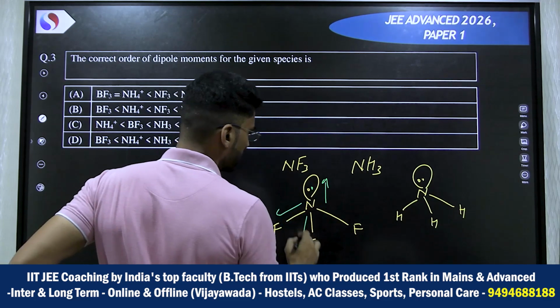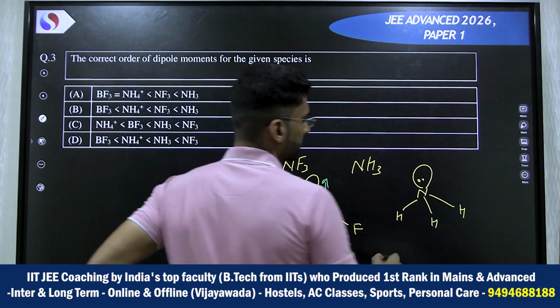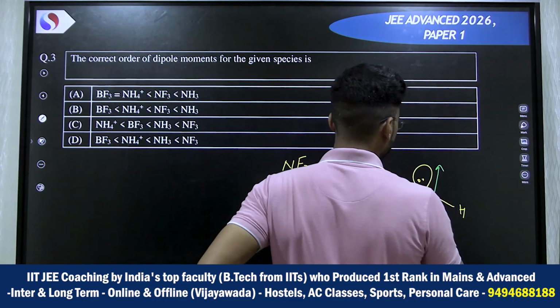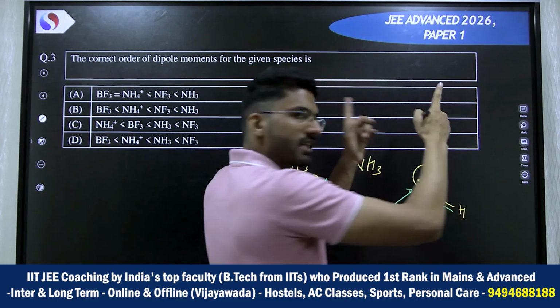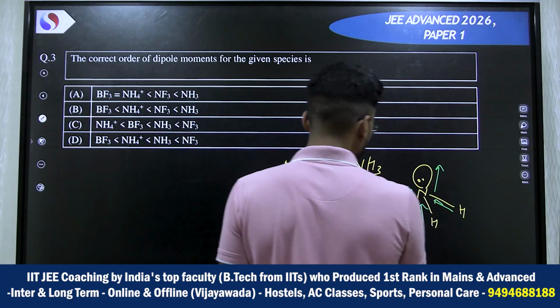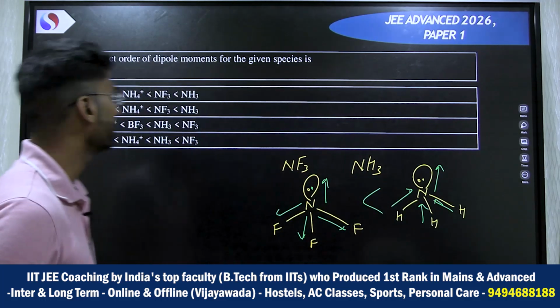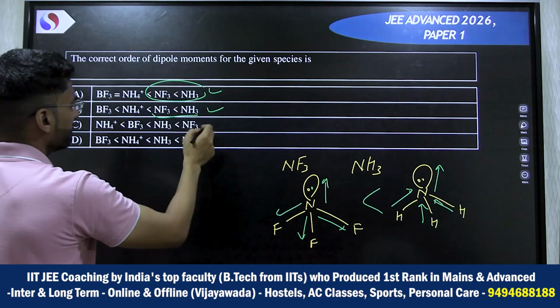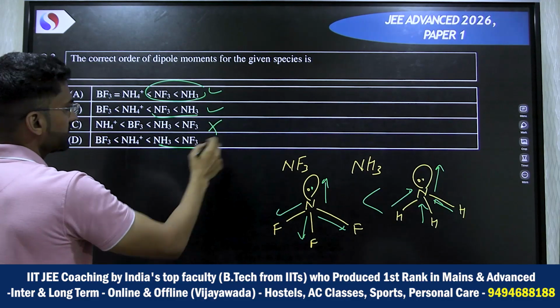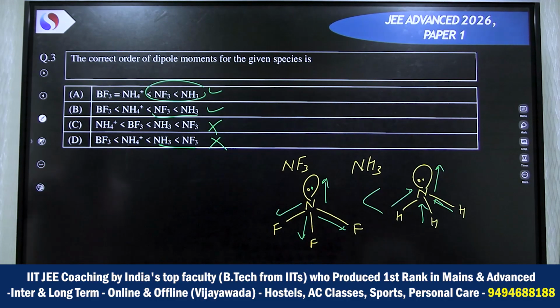This is opposite. In this case upward, nitrogen is more electronegative as compared to hydrogen. All are in the same direction. So the dipole moment of NH3 is greater than that of NF3. NF3 greater is the wrong answer.